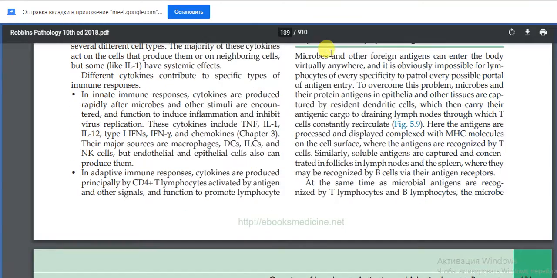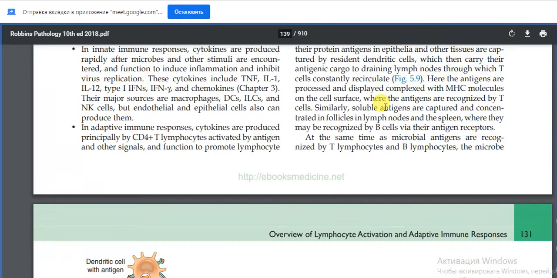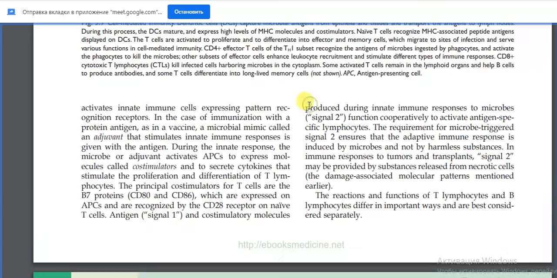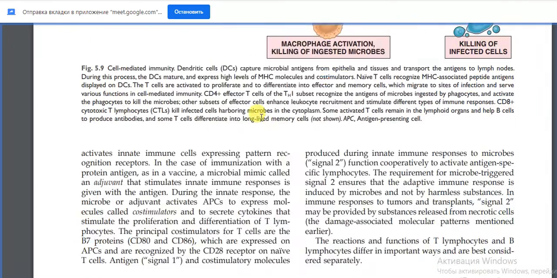Microbes and other foreign antigens can enter the body virtually anywhere, and it's obviously impossible for lymphocytes of every specificity to patrol every possible portal of antigen entry. That's okay, let's skip it. You know it, and you can read it.